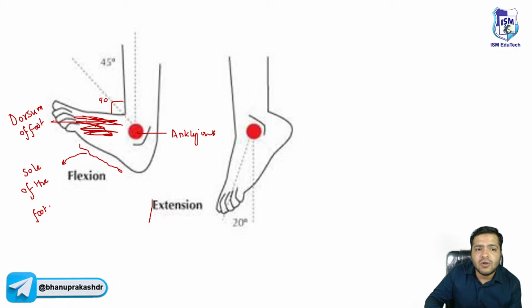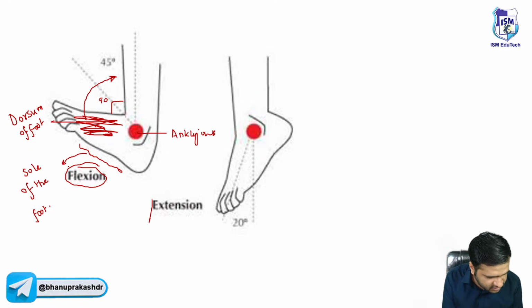Now, whenever the dorsum of the foot approaches the leg, try lifting your foot, the angle decreases. So this is called flexion. Flexion means we are decreasing the angle between the two body parts.